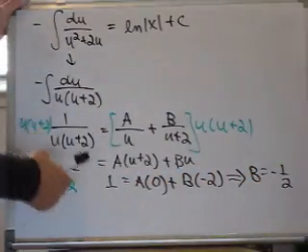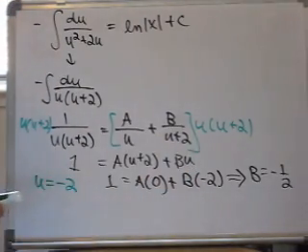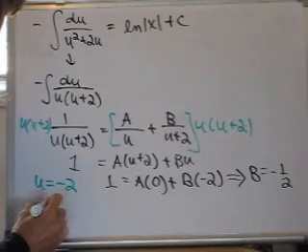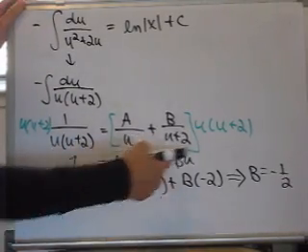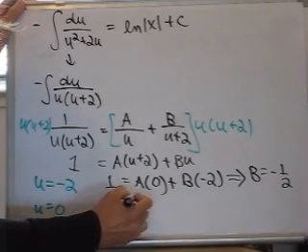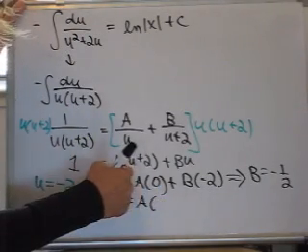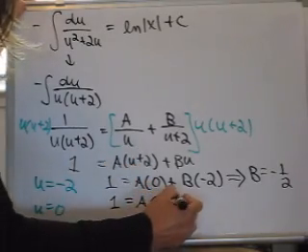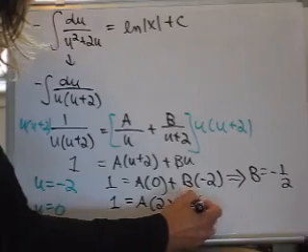And then if I choose u equals 0, that is going to help me solve for a. So if u equals 0, substituting into this equation, I get 1 is equal to a times 0 plus 2 is 2, plus b times 0.